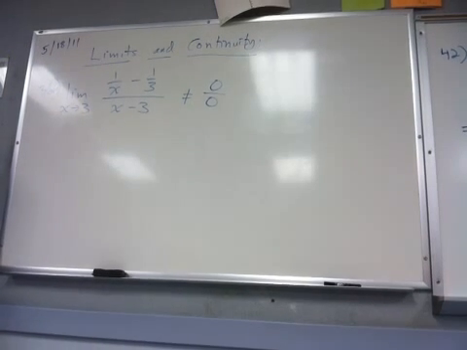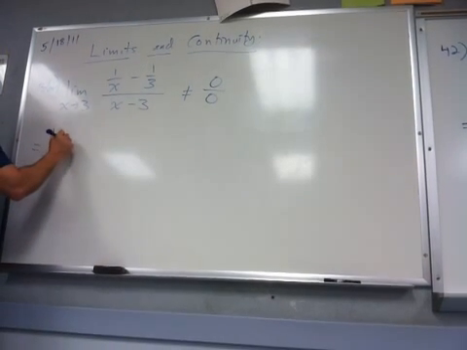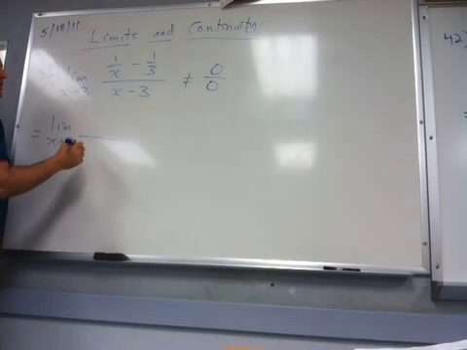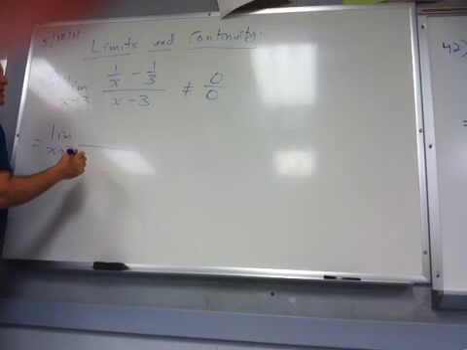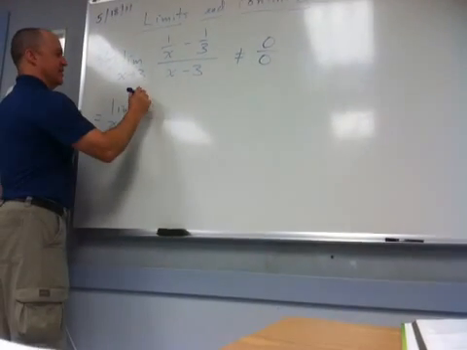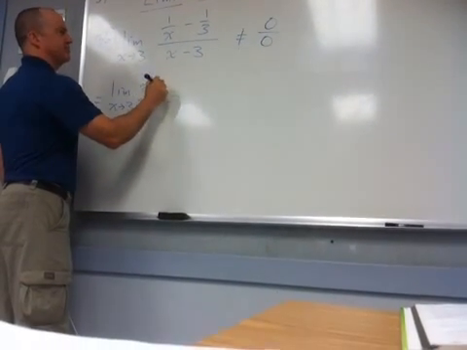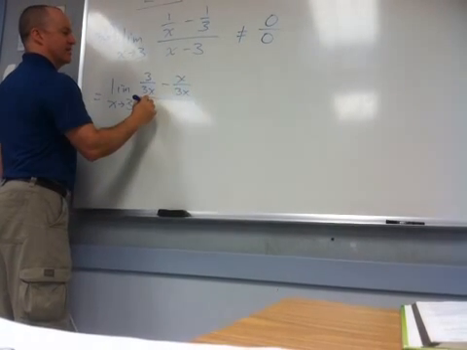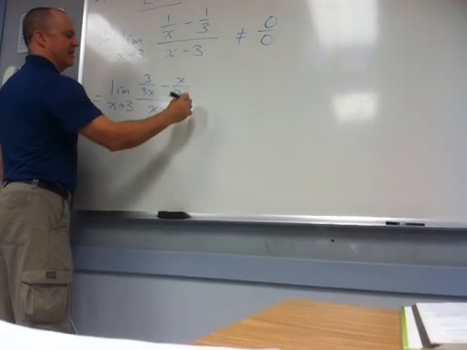So, the strategy I recommended for this was to get rid of the x in the denominator of the complex fraction. I started by making a common denominator: that's 3 over 3x minus x over 3x, still over x minus 3.